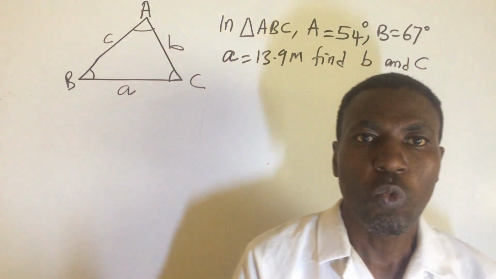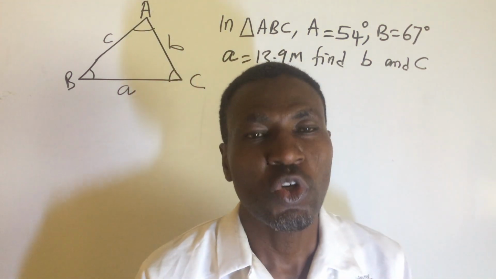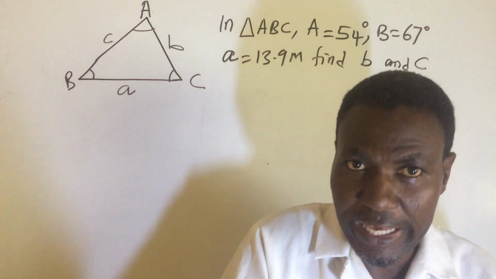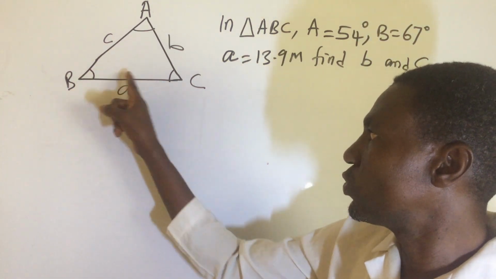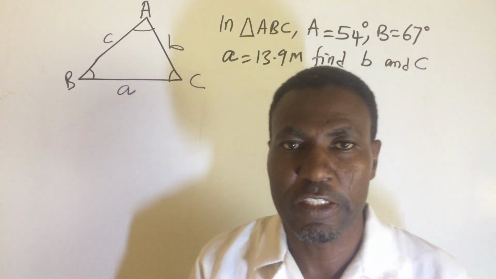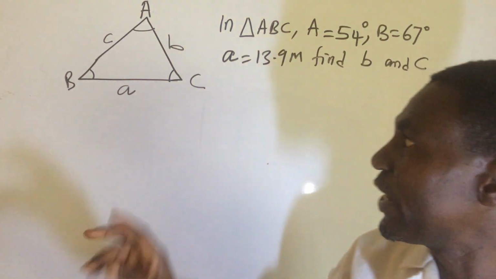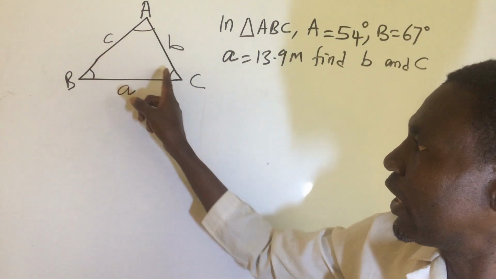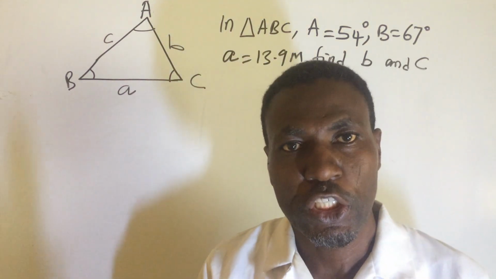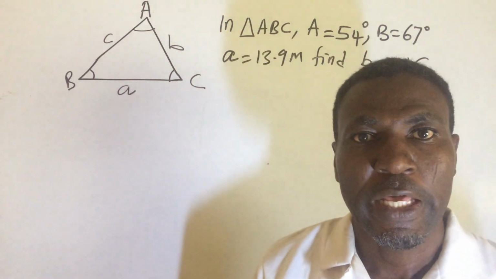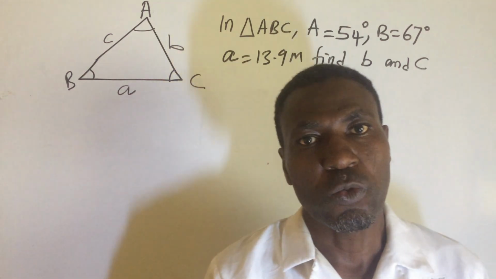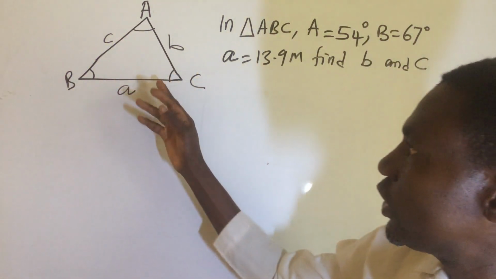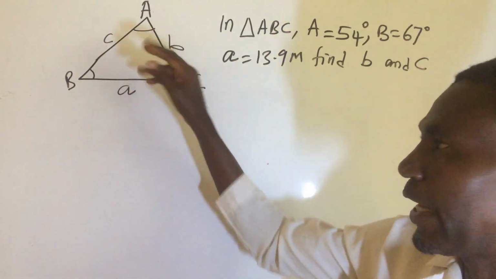What do I mean? We use this sine rule or cosine rule to treat other triangles where one of the three angles, like 1, 2, 3, is not 90 degrees. When one of the three angles is not 90 degrees, we can apply sine rules or cosine rules to treat the sides and the angles.